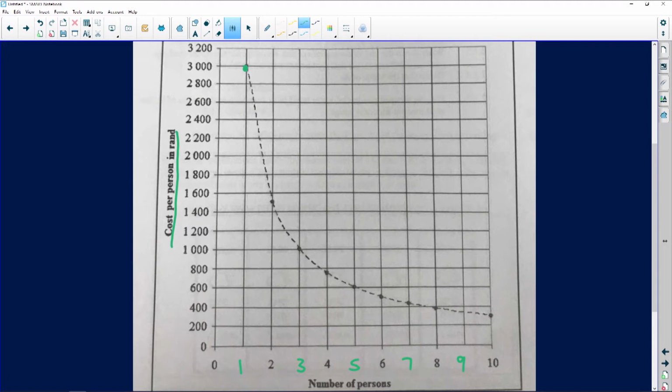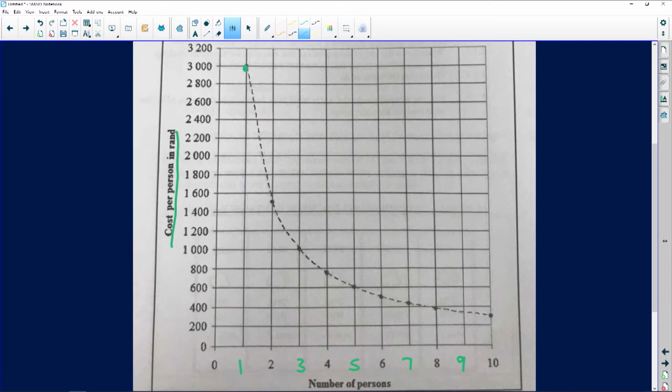But automatically we can tell that at one person, going up, it would be 3,000 Rand.